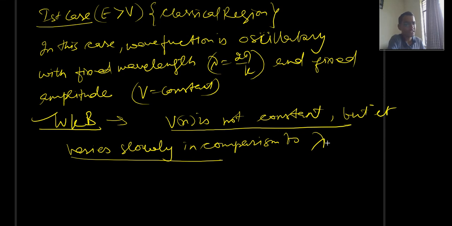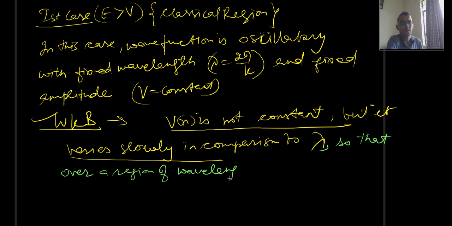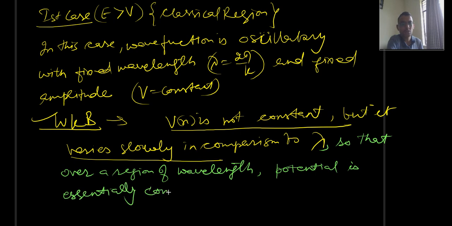So that over a region of a wavelength, potential is essentially constant. That's what we will assume.